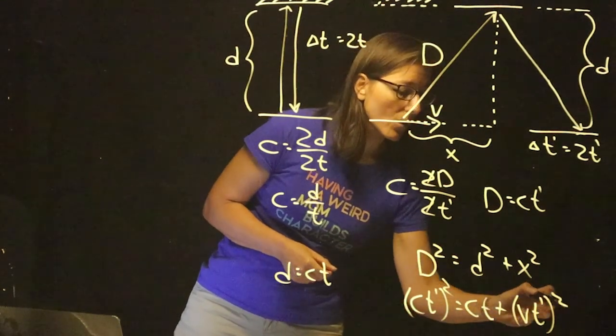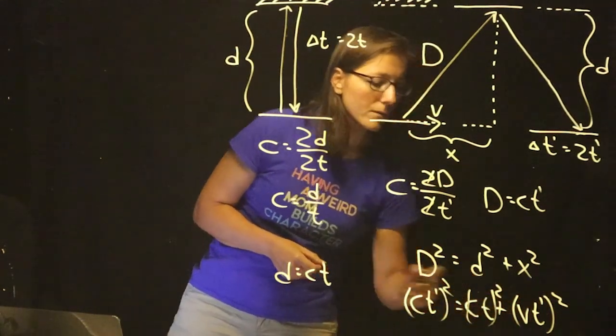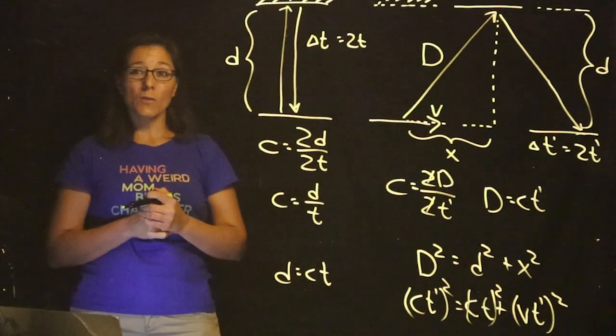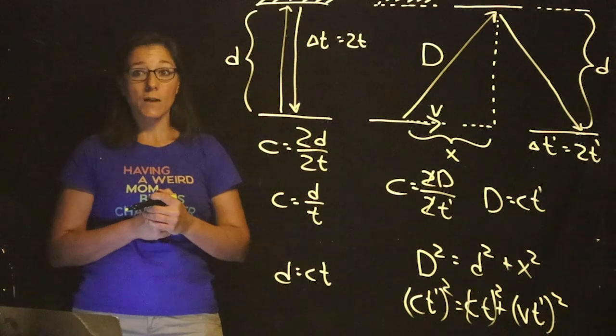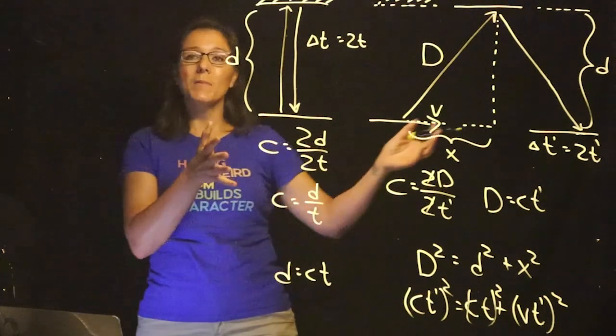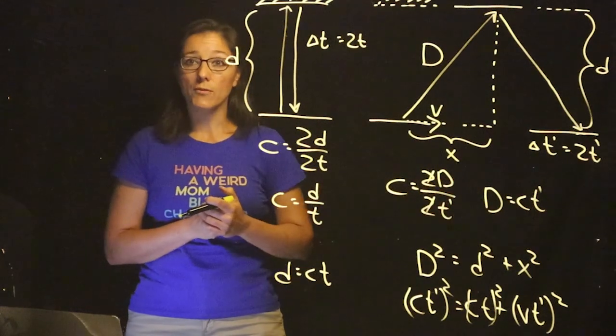Let's not forget that all these quantities are squared. And now, if we do a whole bunch of algebra, we are actually going to see that time is different in these two reference frames.